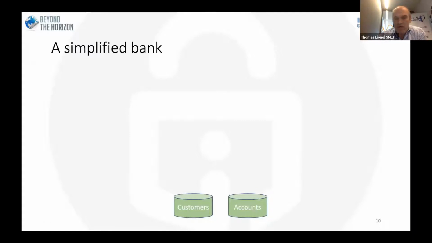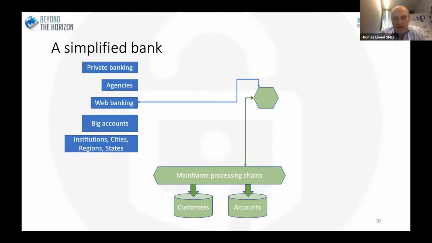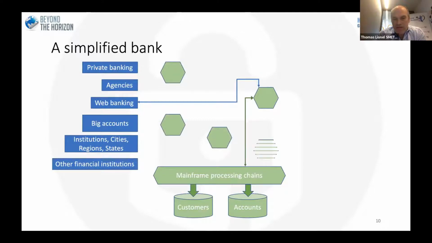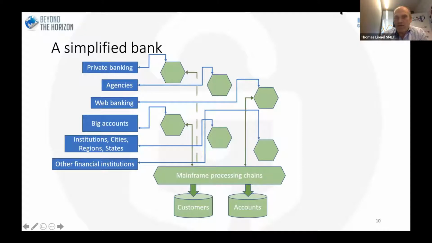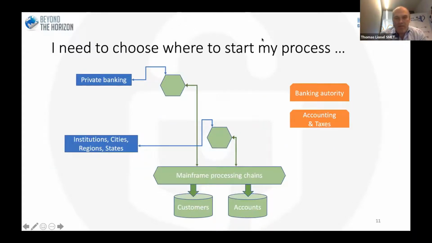So typically your problem will boil down to, and I just provide a simplified bank, you have the different services, they all come down to the mainframe, and there you have the customers and the accounts. What will be your concern is typically one of those.